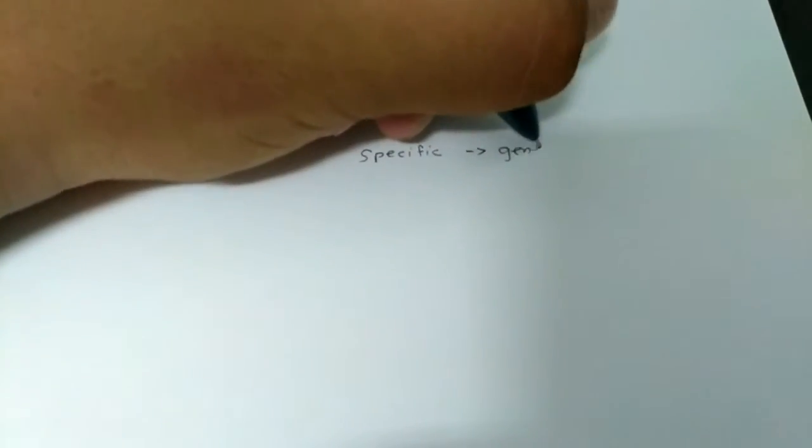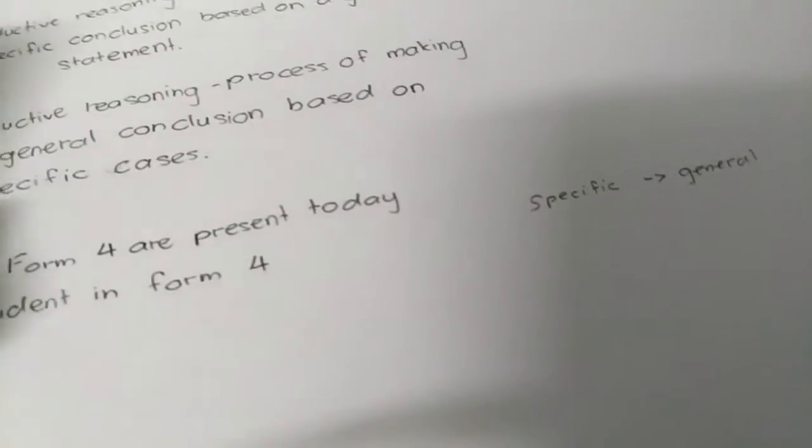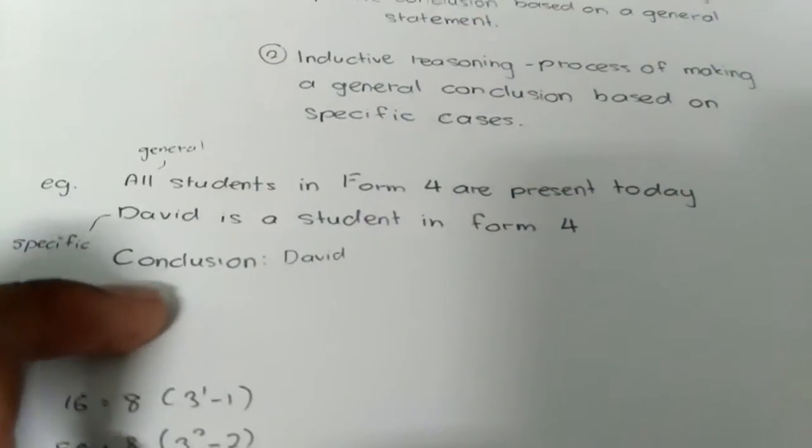To make a conclusion, I give you a formula: specific goes to general. For the specific, you take the common name, so David is the specific I take.